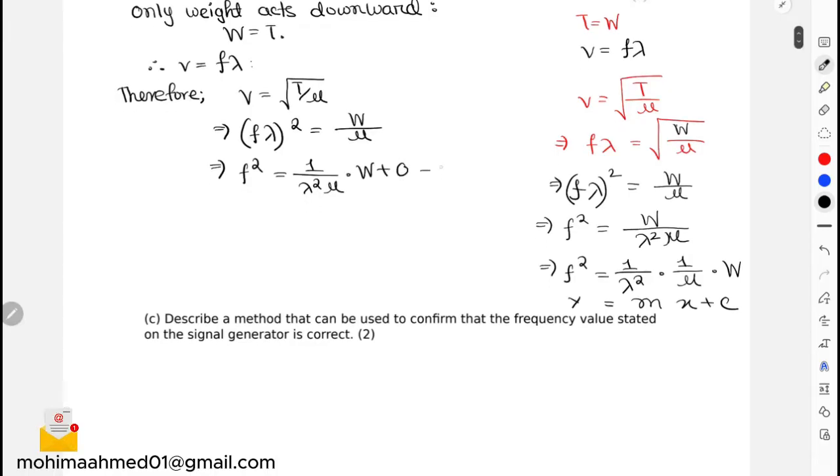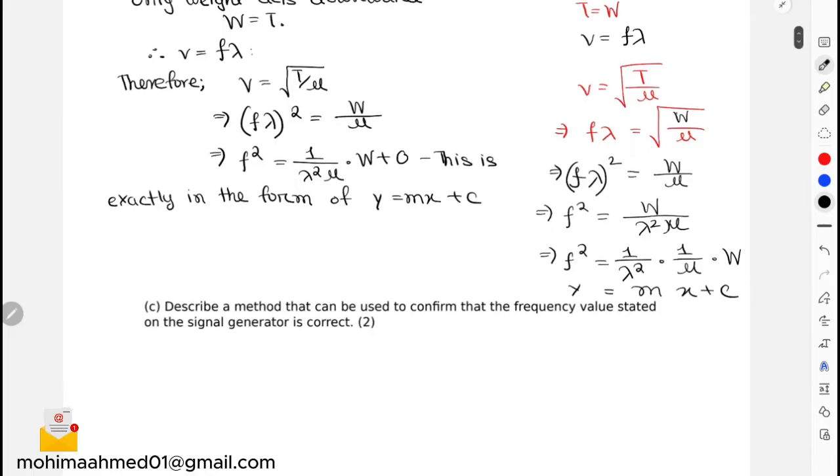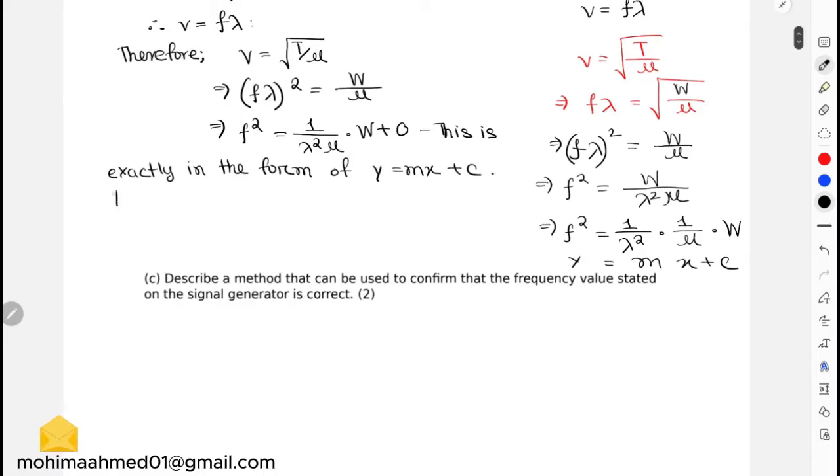Now we can write this is exactly in the form of y is equals to mx plus c. Therefore, the graph should be a straight line for frequency square against weight, and as it doesn't have any y-intercept, it should pass through the origin, right? So this is your final statement.